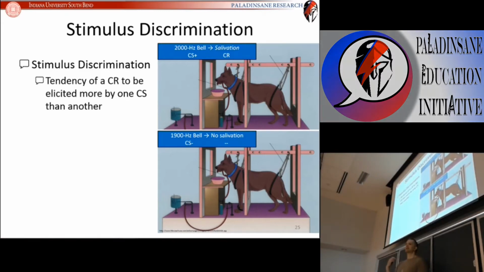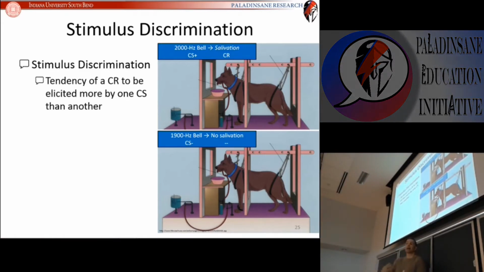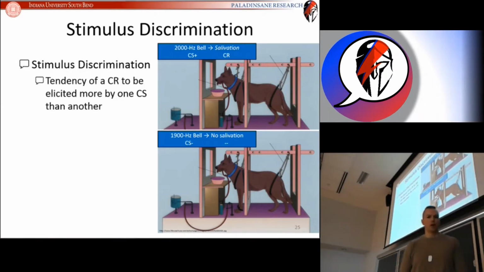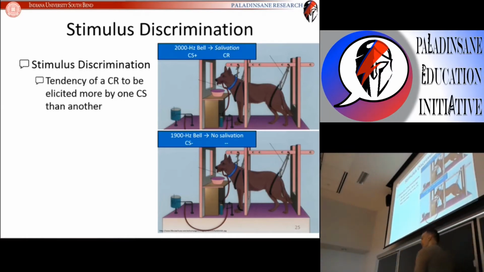Those two bells sound different to the dog, and that's how they often measure the perceptual capabilities of different animals. So stimulus discrimination is that tendency for a conditioned response to occur more for one stimulus than for another stimulus. So we have a conditioned response occurring for a 2000 hertz stimulus, conditioned response not occurring for that 1900 hertz stimulus. So far so good? All right.